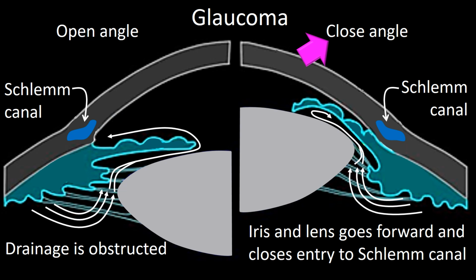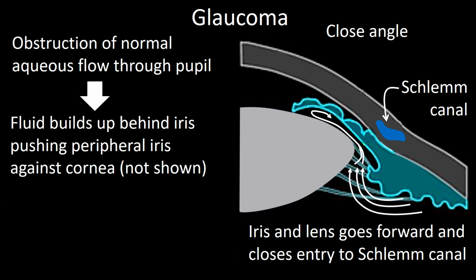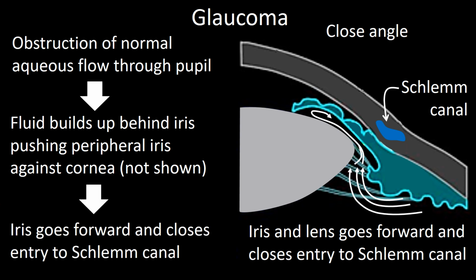Closed angle glaucoma is produced by forward displacement of the iris closing the entrance of the major draining system. It starts by obstruction of normal flow through the pupil, followed by fluid buildup behind the iris, pushing the iris towards the cornea, thus closing the angle between the iris and the cornea. It is this displacement of the iris that produces glaucoma.